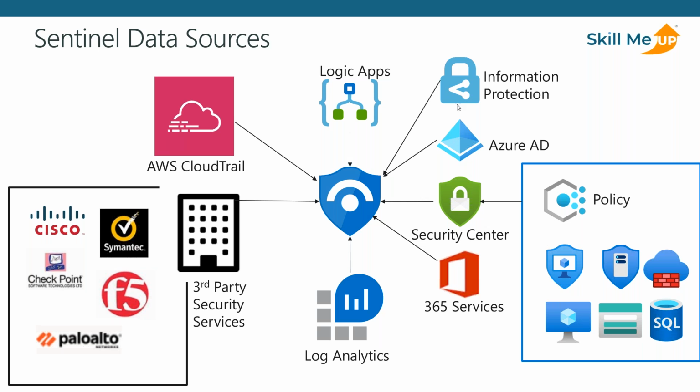And then we have more of our ecosystem, such as information protection, Azure Active Directory, which also could have an arrow to Security Center as well, Office 365 services, and then third-party security services and AWS can all feed into Azure Sentinel as well. So that helps then to govern your entire ecosystem and provide you with that security and compliance, not just within the Azure infrastructure, but in your entire organization.